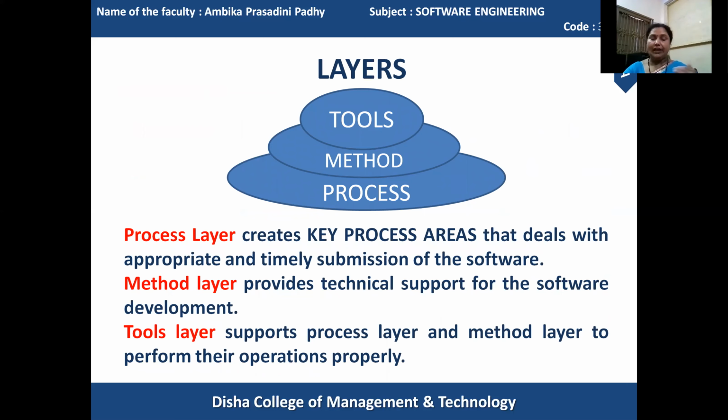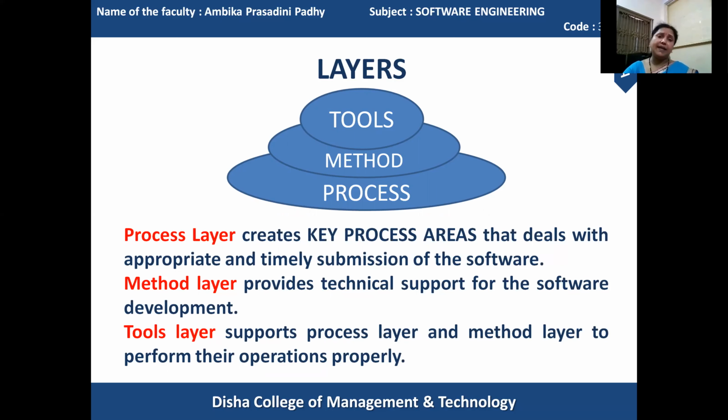There are different layers present in software engineering, and the software engineering techniques are based upon these layers: process layer, method layer, and the tools layer. The process layer is what? The process means the executable data that we want to execute, and those executable processes are present in the process layer.